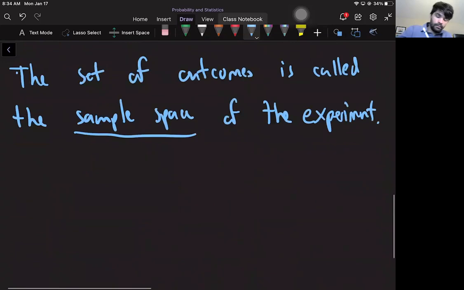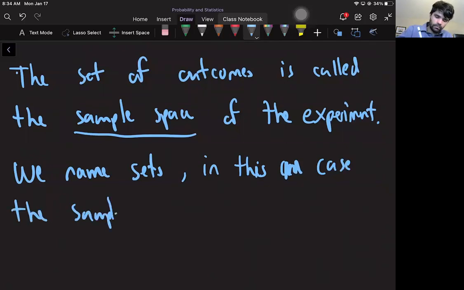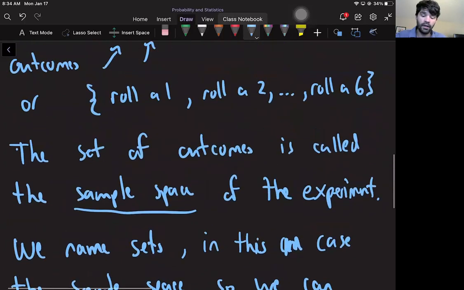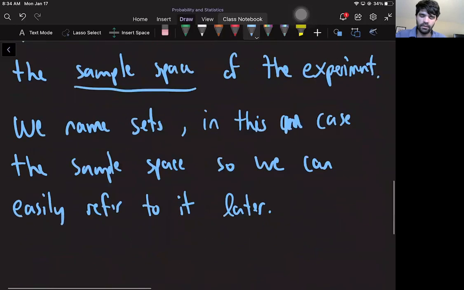But what we like to do is name these things. We name sets in general, or in this case, the sample space, so we can easily refer to it later. Whenever I'm talking about this sample space of numbers 1 through 6, I don't want to have to write it down every time. It takes too long.